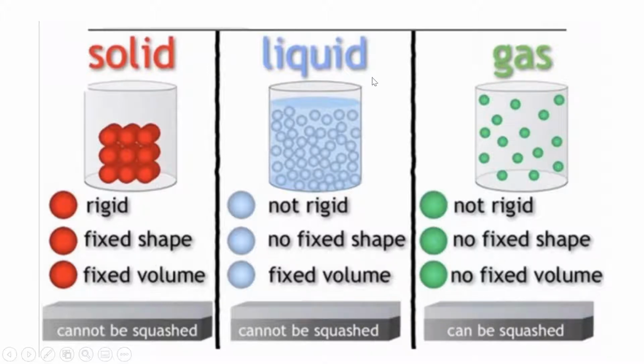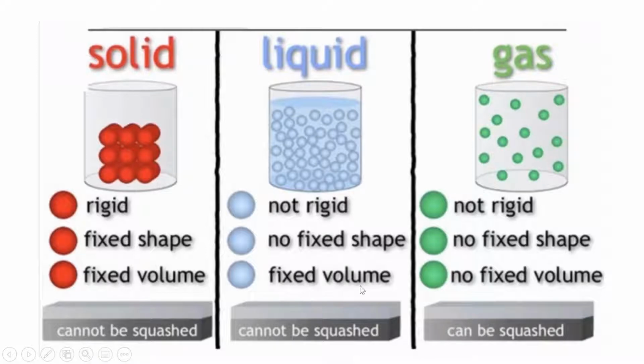Now liquid, you see the particles are a little further apart from each other. They're not so tightly packed. It's not rigid. There is no fixed shape. It can flow into another shape and change into that shape. There is a fixed volume though.